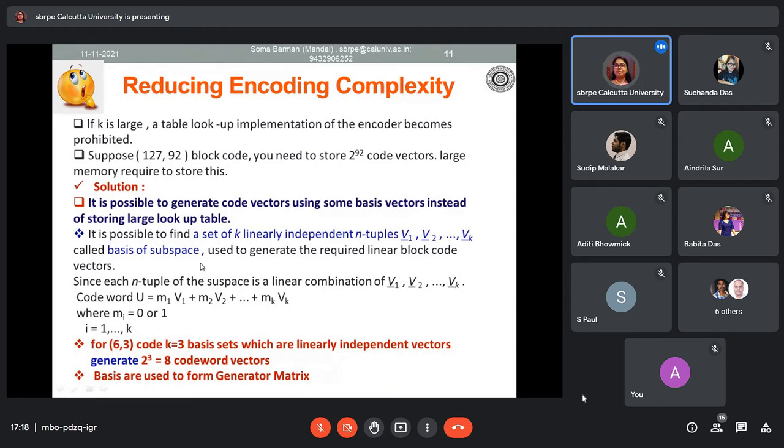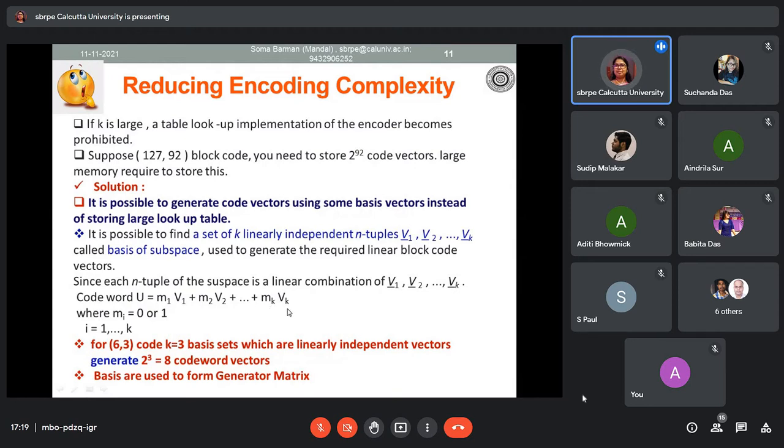So there are k-tuple message vectors, v1, v2 up to vk, which will be mapped into the vector space of n-tuples. Since each n-tuple of the subspace is a linear combination of v1, v2 up to vk, the code word that is generated, u, will be m1 into v1, m2 into v2, up to mk into vk.